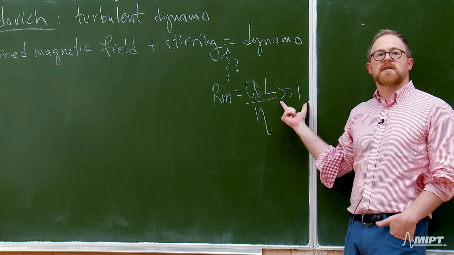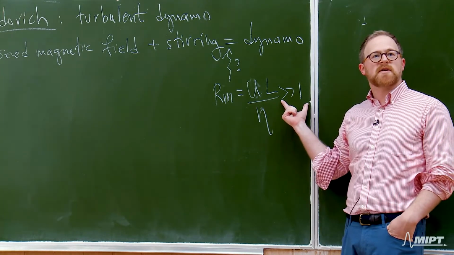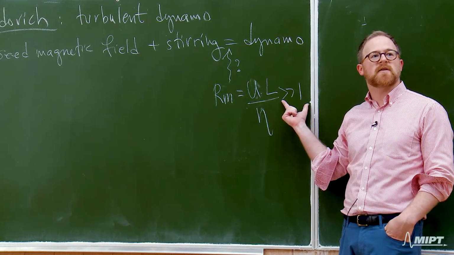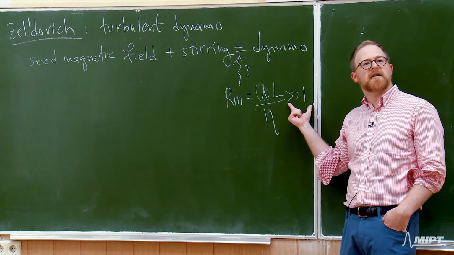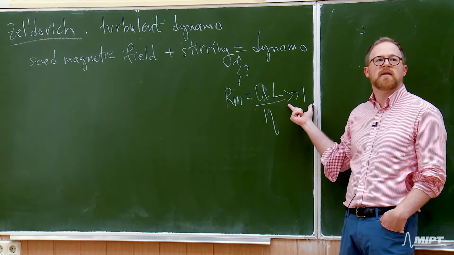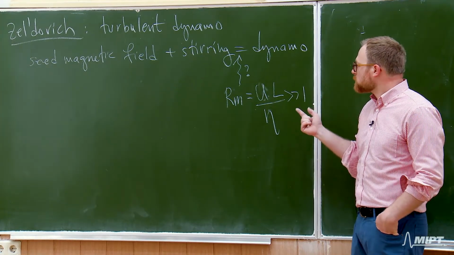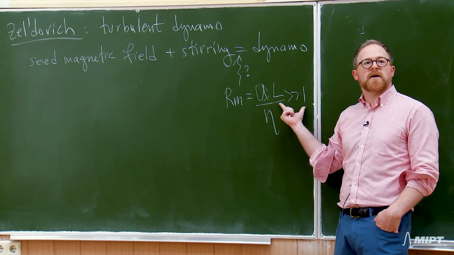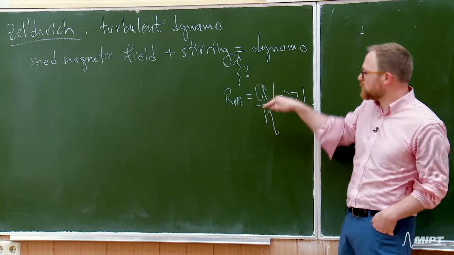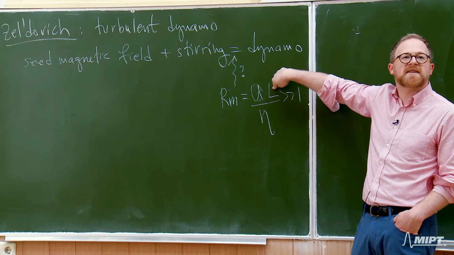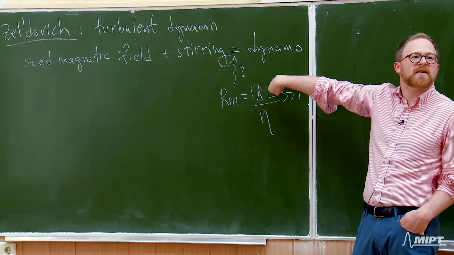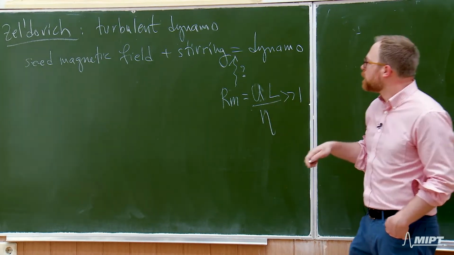There's a lot of work that goes into establishing the critical Reynolds number for you to actually grow the magnetic field. It can be like 10 or 100, but it's bigger than 1. What that means is you want the scales on which you're stirring to be conductive, or else nothing will happen, right?